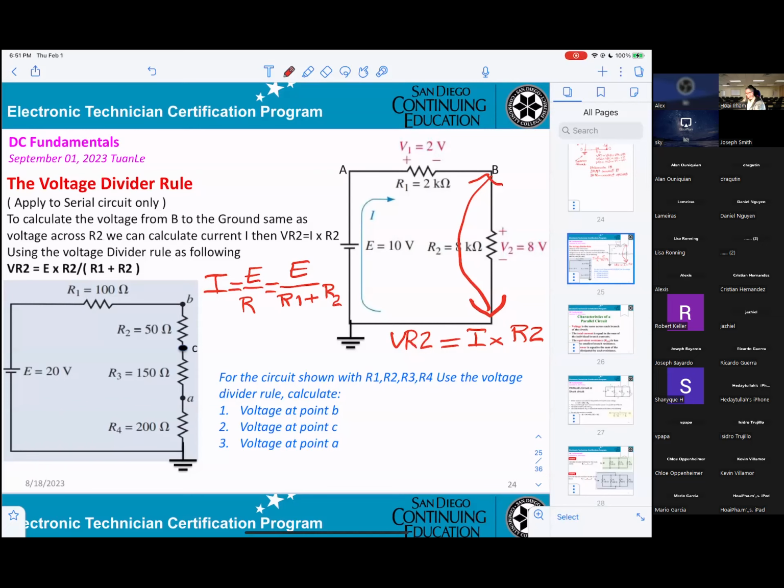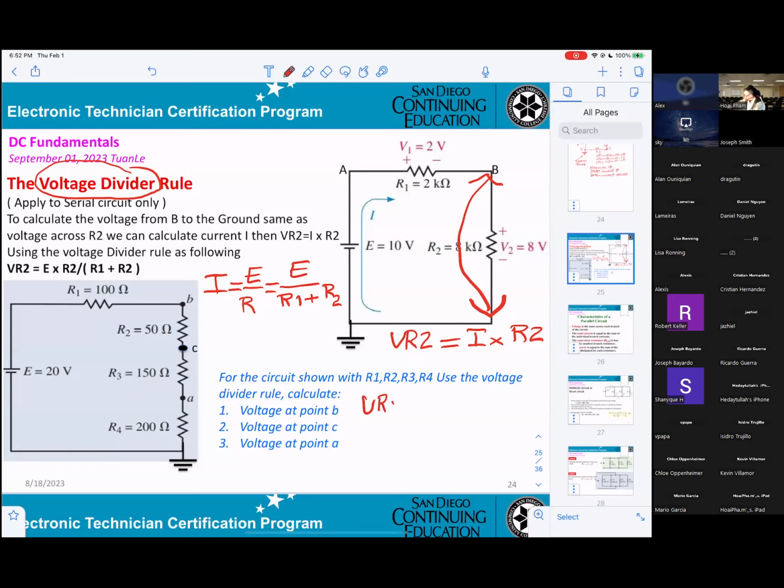Now, they're talking about the voltage divider. If you want to use the voltage divider, I can do the calculation this way.